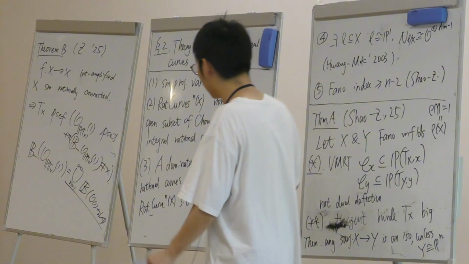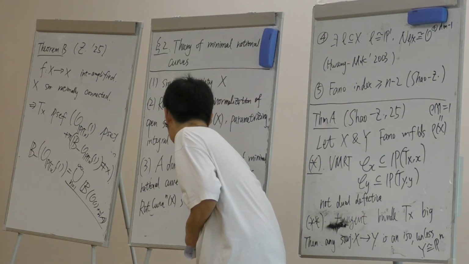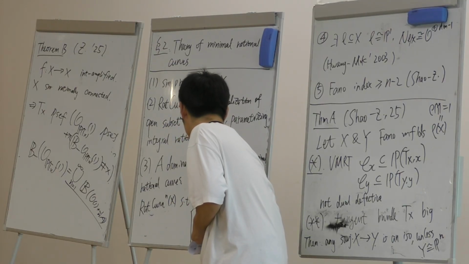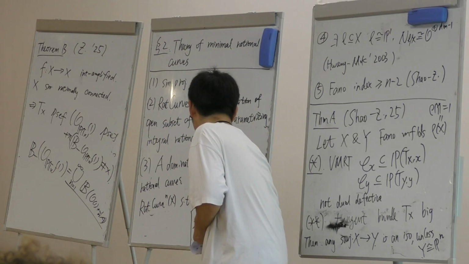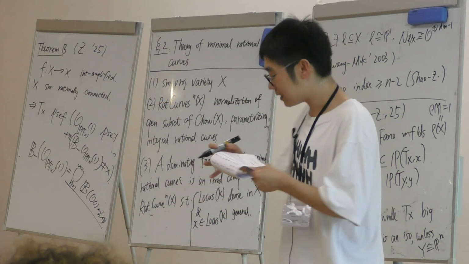And we also need to assume another assumption for a general X. So if we take a general element, then this Kx.